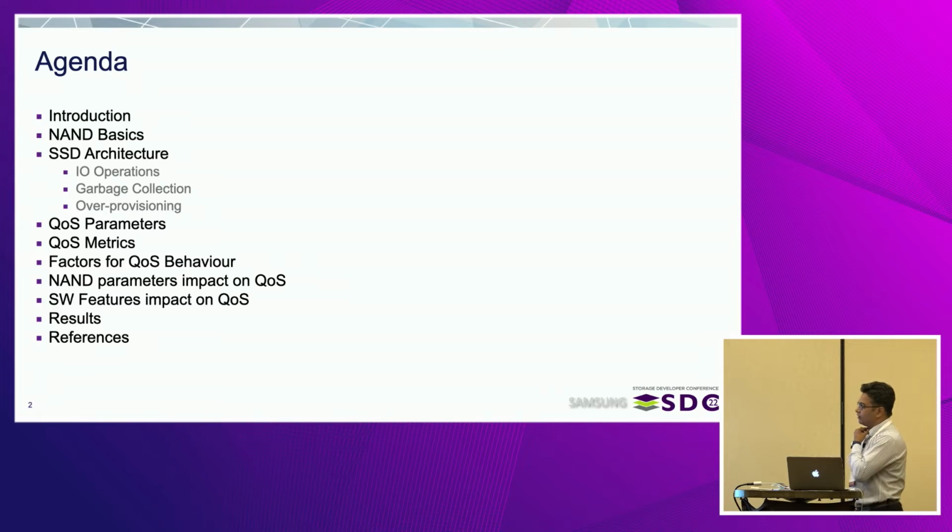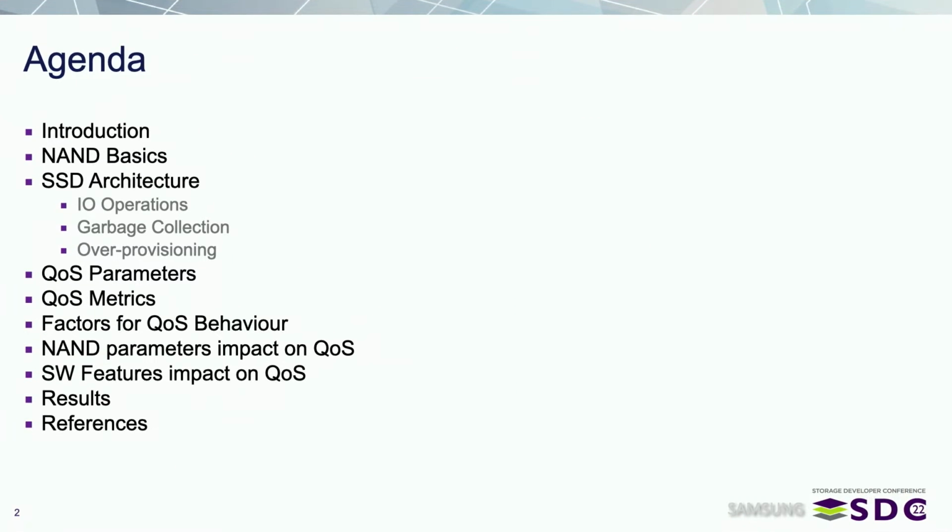This is the agenda for today's presentation. First is the introduction. Then some basics about the NAND, SSD architecture, and some IO operations, garbage collection (GC), and OP, over-provisioning. Then we'll move to QoS in detail: QoS parameters and how the metrics impact.